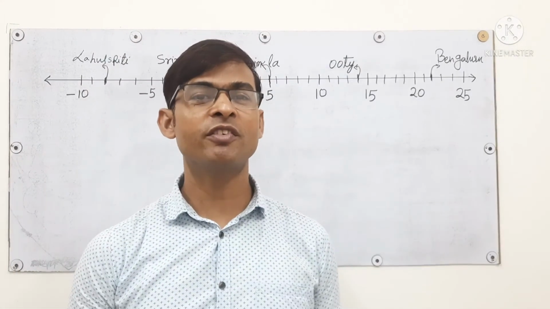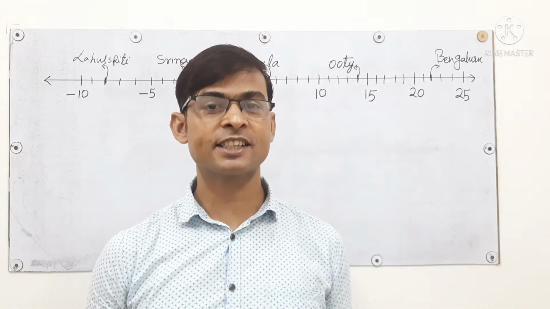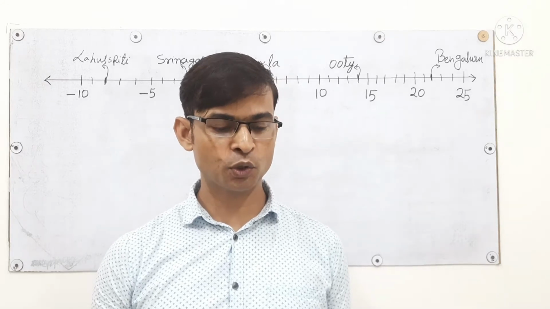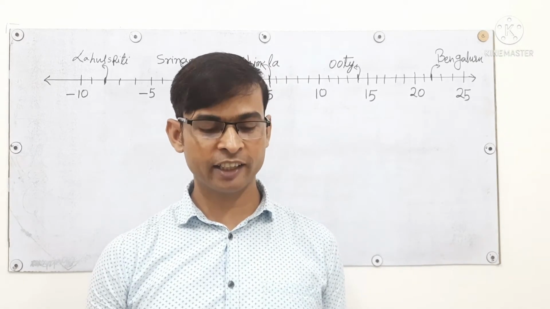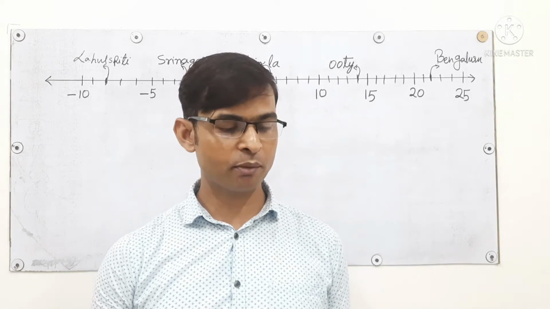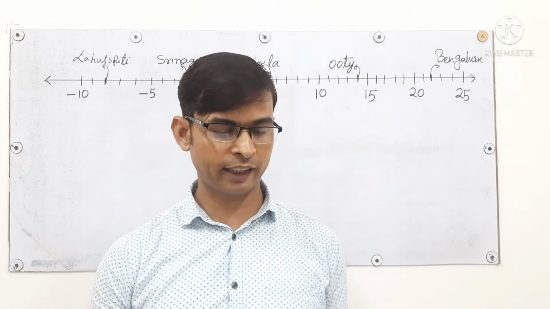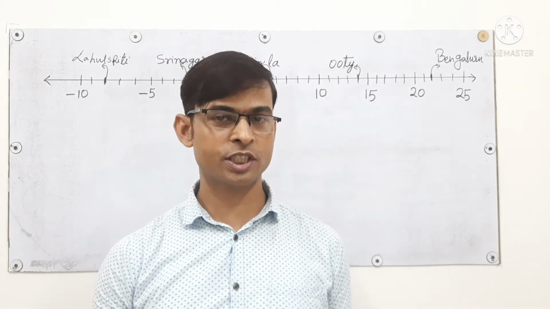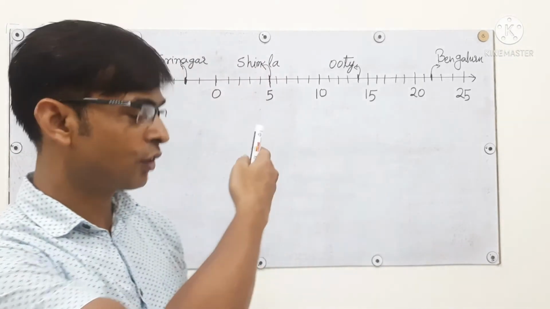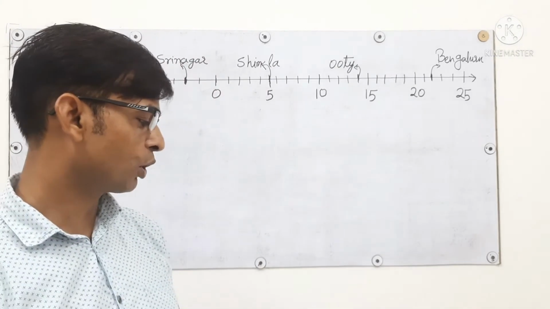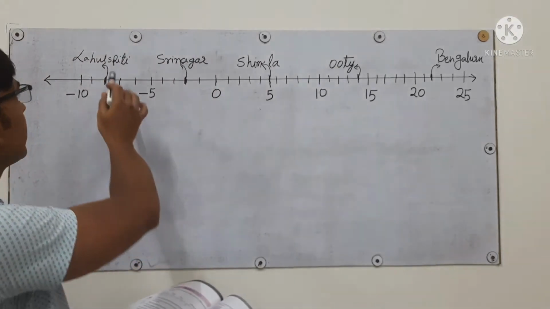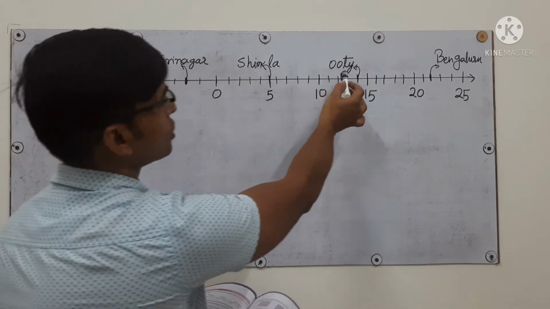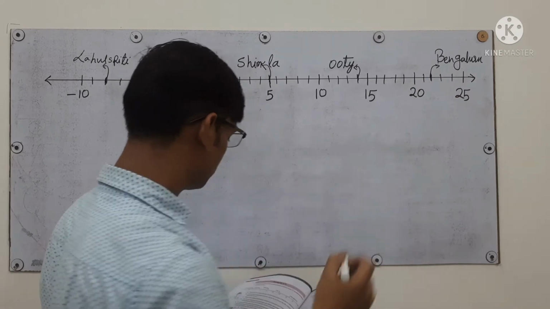Okay students, now we will solve the first question given in the NCERT book. The question is: the following number line shows the temperature in degrees Celsius at different places on a particular day. There are four sub-questions A, B, C, D, and I have drawn this question in bold. You can see here Lahul Spiti, Srinagar, Shimla, Ooty, and Bengaluru.